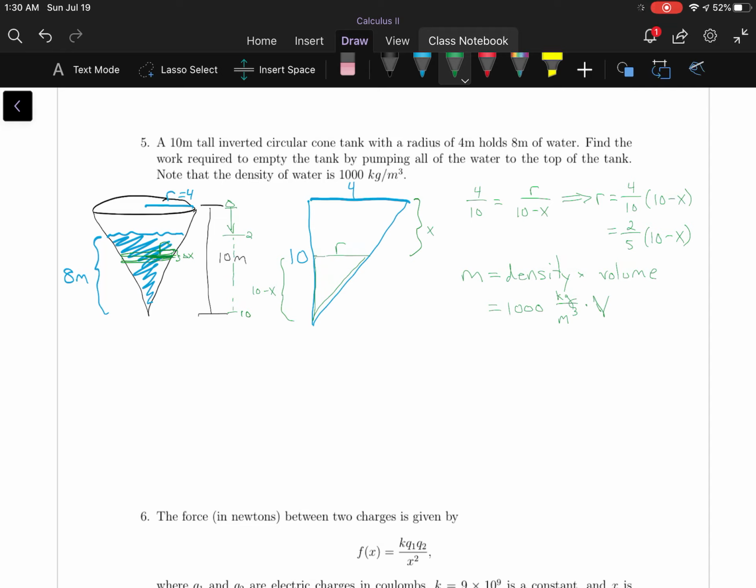And the volume of that small cylindrical sliver is given by, let's do that over here, pi r squared h. This is the volume of the cylinder.